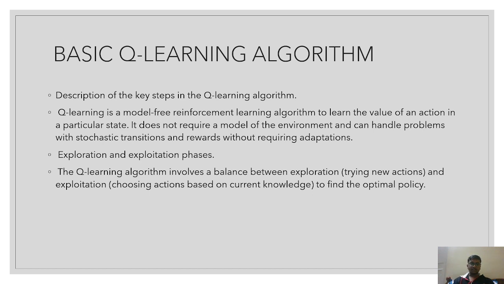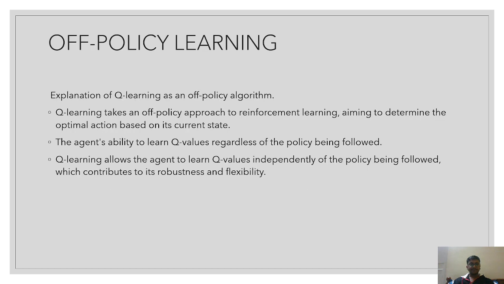In the exploitation phase, it chooses the action based on past or current knowledge and tries to get an optimal value. But the situation might not be the same, so again it might or might not get a reward. So this is the basic Q learning algorithm.